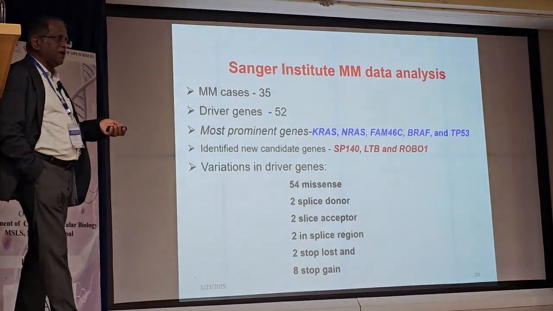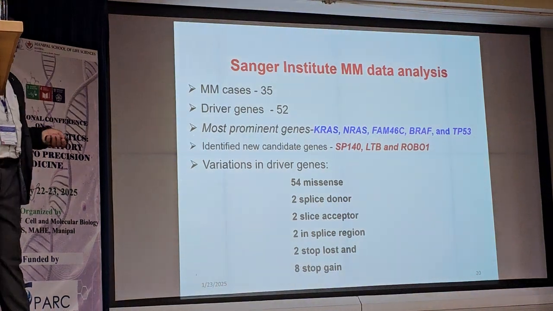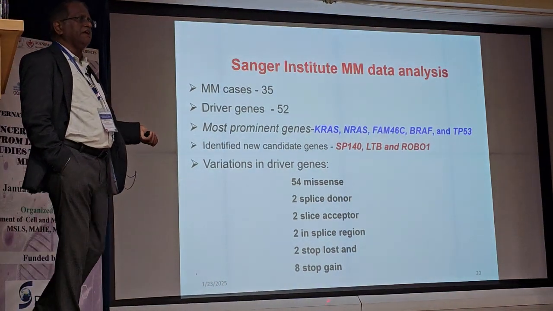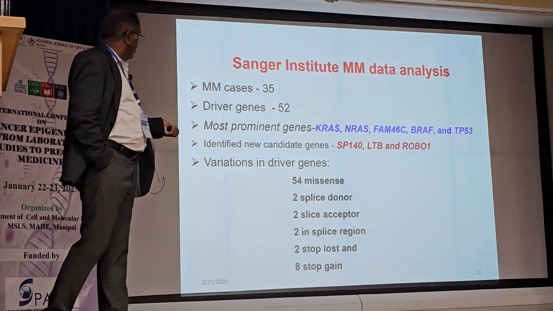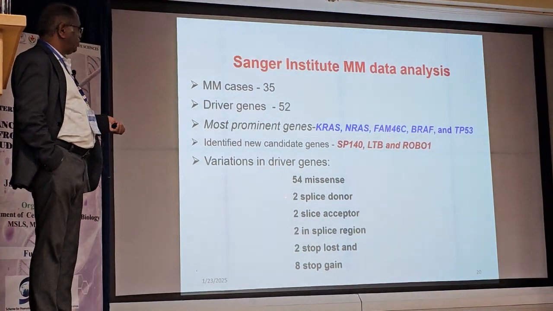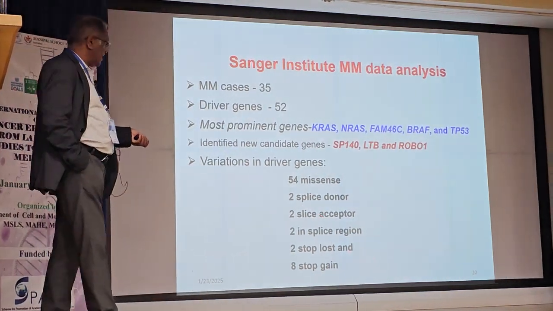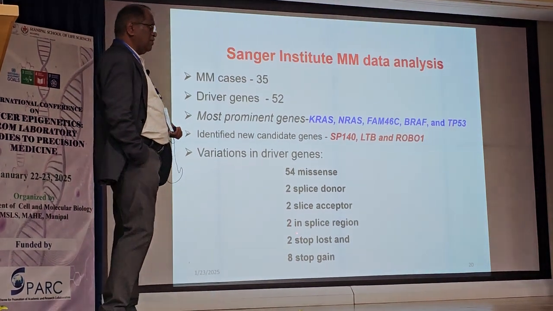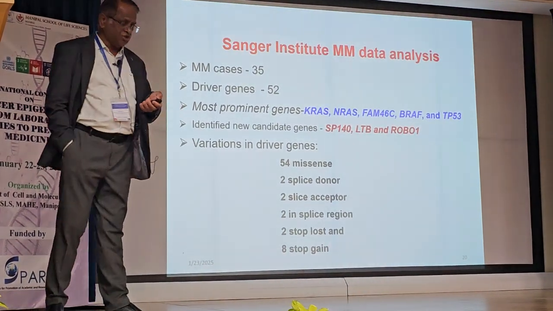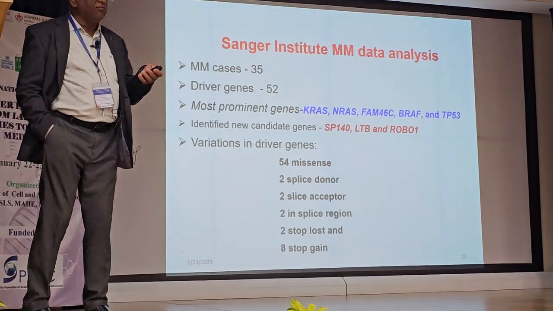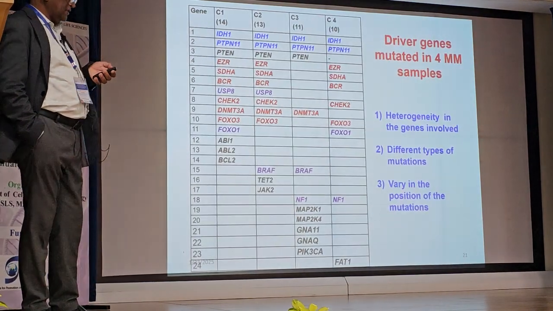We also found different kinds of variations in the driver genes: 54 missense variations, 2 splice donor, 2 splice acceptor, 2 in splice region, 2 stop loss and 8 stop gain variations.